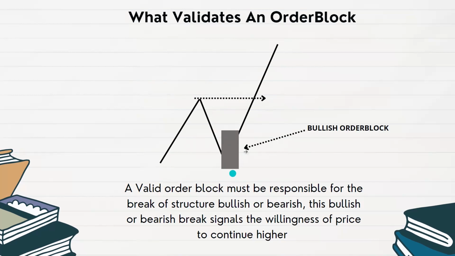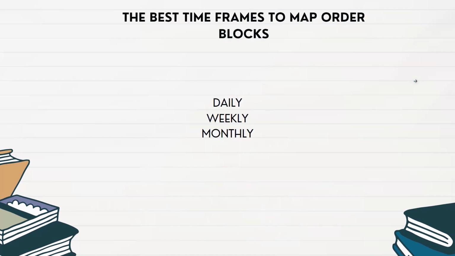And this guy responsible for supplying the momentum that causes this break of structure is your bullish order block, because this is basically the last area where smart money have carried out all their sell transactions before pushing price in the opposite direction.